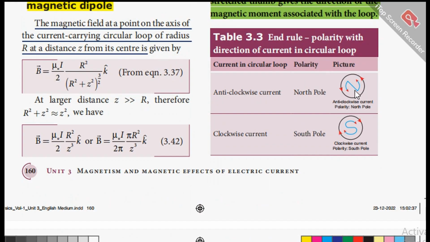So we can find out the polarity of the magnetic field by using this. If the current is in the anti-clockwise direction, that end will have a north pole, and if the current is in the clockwise direction, that end will behave like a south pole of the magnet.